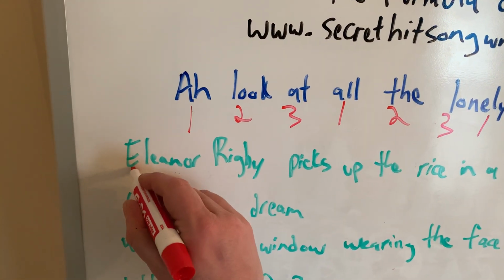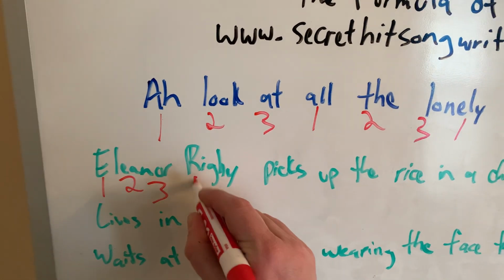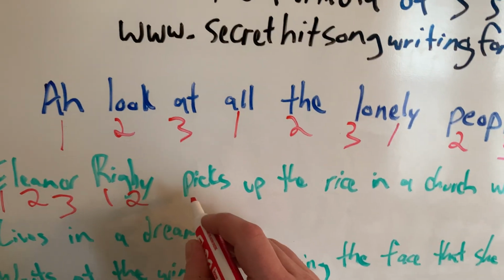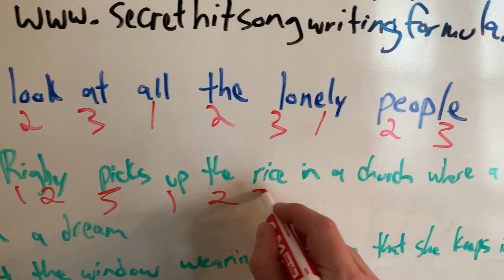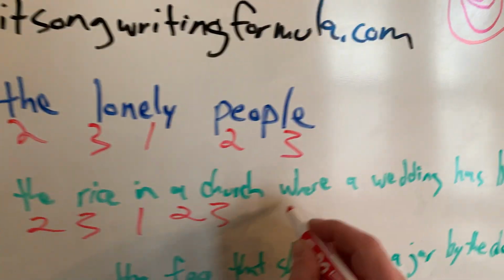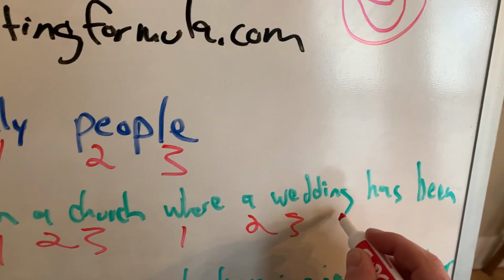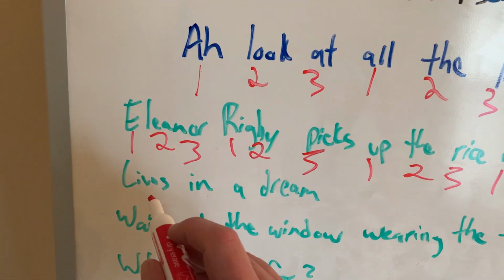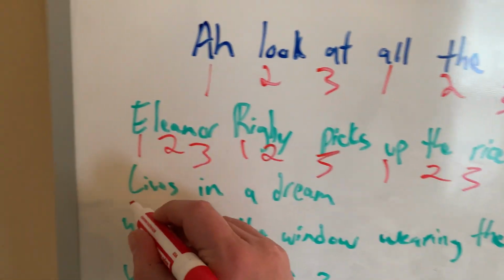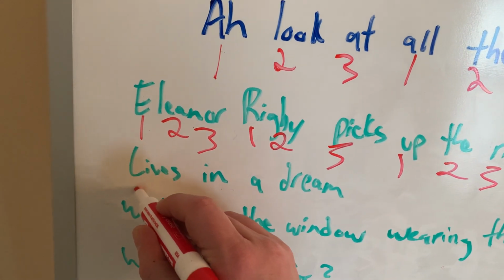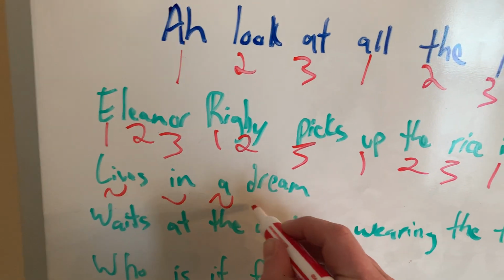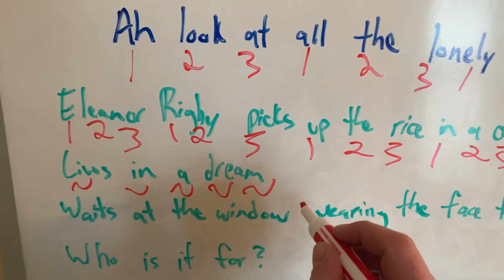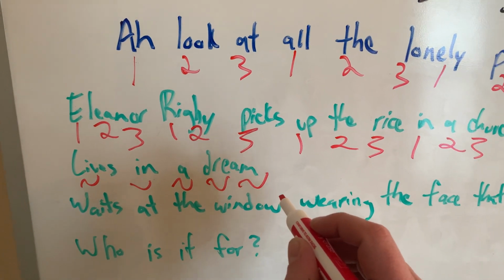So 1, 2, 3, 1, 2, 3, 1, 2, 3. Then "lives in a dream" we can just mark as insignificant. That's my symbol for an insignificant syllable.